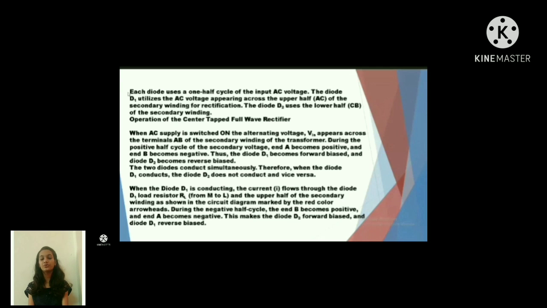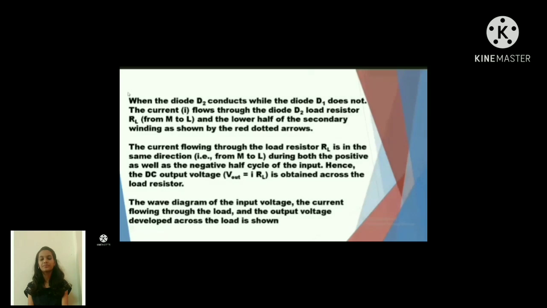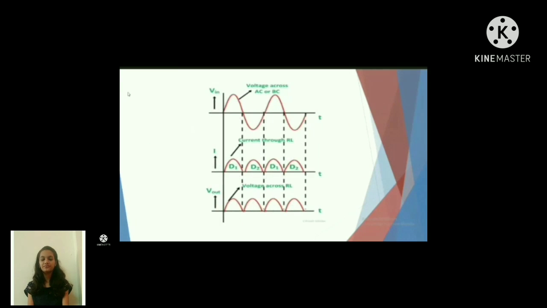When diode D2 conducts, diode D1 does not. The current I flows from diode D2 to the load resistor RL, from N to L, through the lower half of the secondary winding. The wave diagram of the input voltage, the current flowing through the load and the output voltage developed across the load is shown.